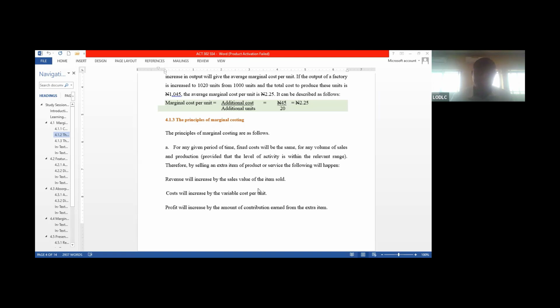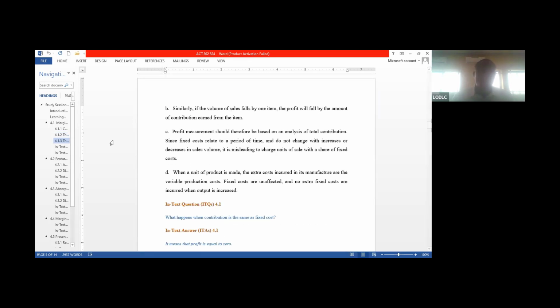So those are the principles that we need to understand. Similarly, if the volume of sales falls by one item, the profit will fall by the amount of contribution earned from the item.